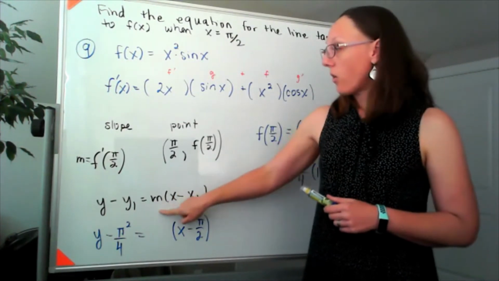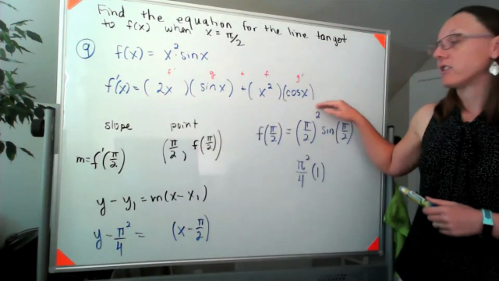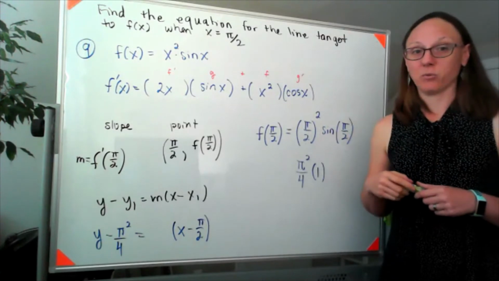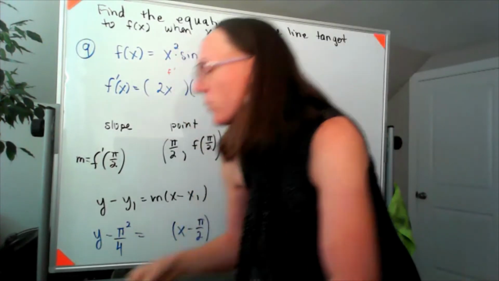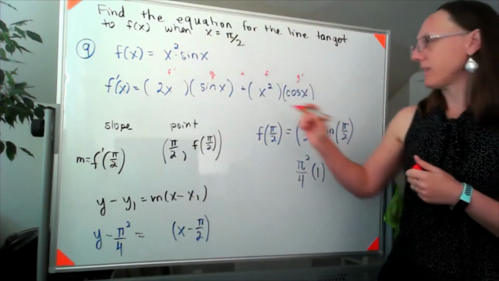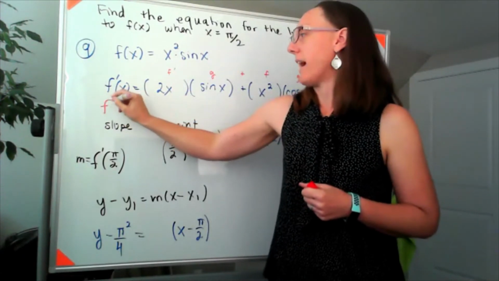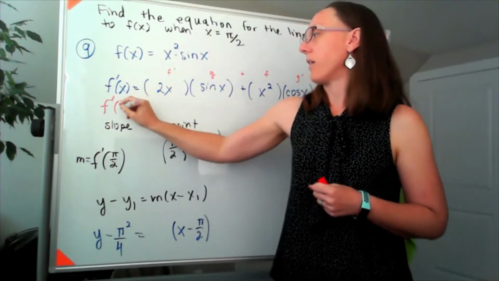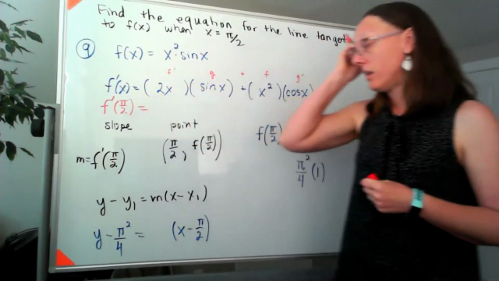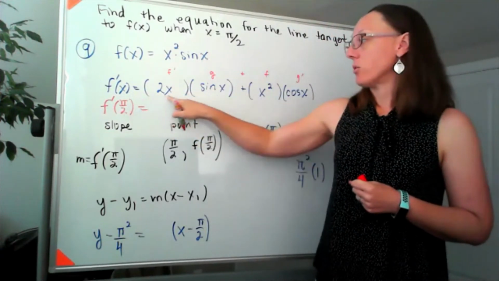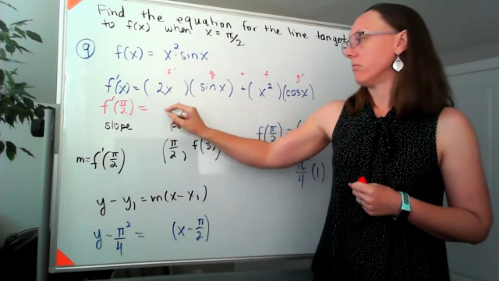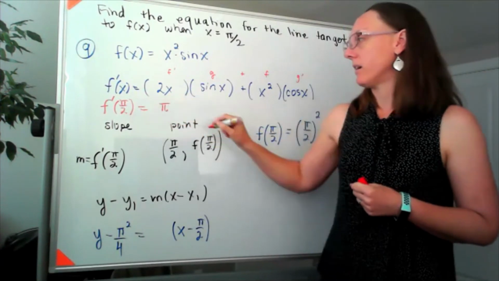To get our slope, we need to evaluate that derivative at pi over 2. I think I can squeeze it in here. So if I'm finding f prime of pi over 2, then I've got 2 times pi over 2, which would leave me with a pi.